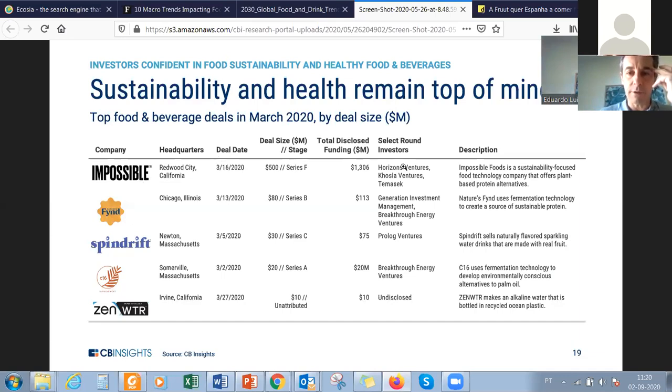And those are the investors that put money there: Horizons Ventures, Khosla Ventures, Temasek, we don't know those names. And what does this company do? Impossible is the company that produces the Impossible Burger. You know, it's a burger that is produced only from proteins from plants. So there's a small description here.